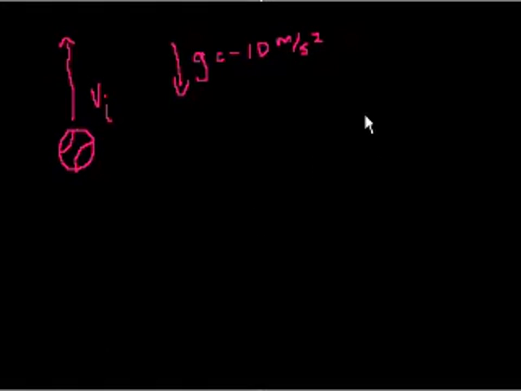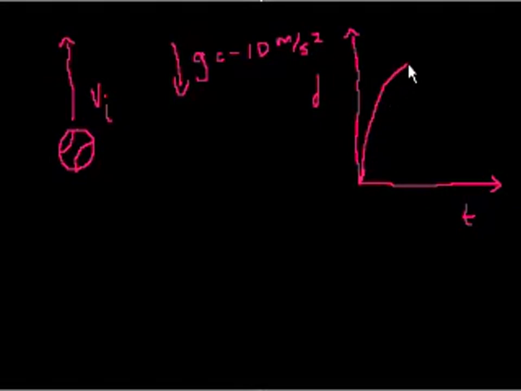If we were to graph time and distance, where this is time and this is distance, at time 0 we're on the ground, and the ball starts off going really fast, but then it starts slowing down, and then its velocity goes to 0, and then it starts accelerating in the negative direction, gets going fast, comes in, bam, and hits the ground again.